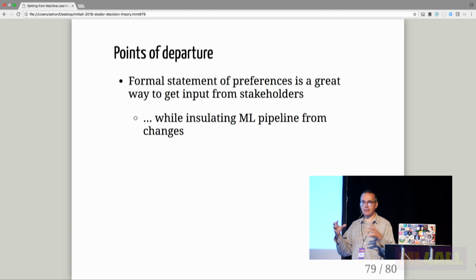So instead of mixing these things together so that changing one thing implies changing something else, we may be able to have a machine learning pipeline that's largely unchanged while the preferences aspect of it is more changeable.